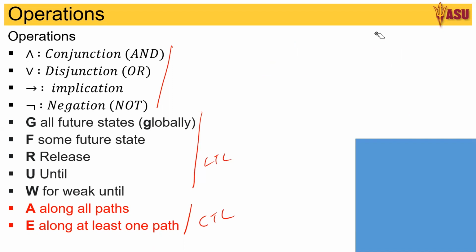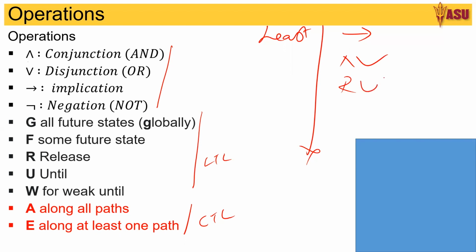When it comes to the operator precedence, if you look from least to most binding, the implication is the least binding. Then you have an or and the binary functions from LTL, then the unary functions.